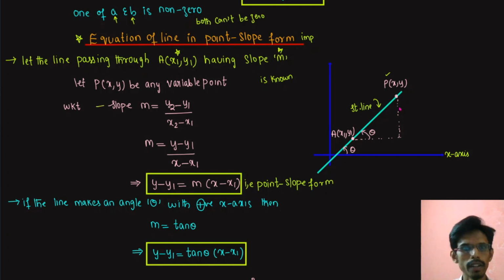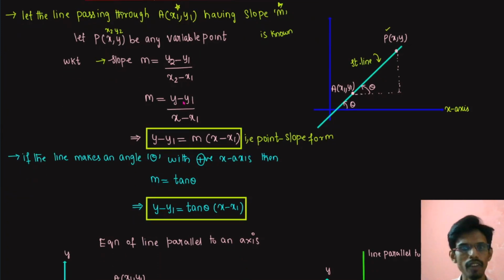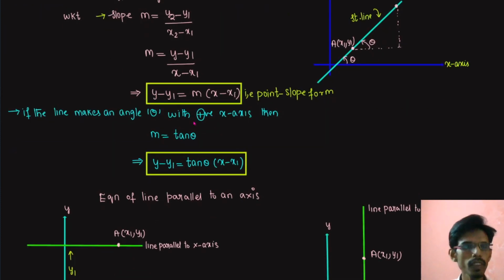Now we know that slope m equals y2 minus y1 by x2 minus x1. So let us take this x2 and y2 from this variable point. Put this value, we will get y minus y1 by x minus x1. Now cross multiply this, we will get y minus y1 equals m into x minus x1.